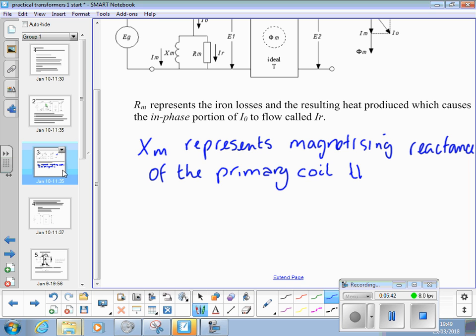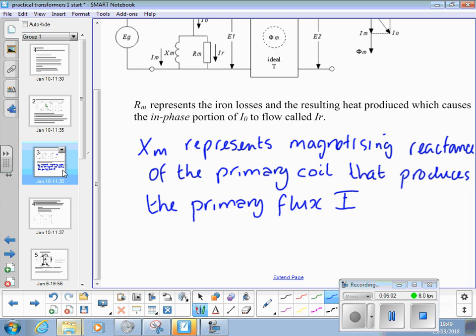That produces the primary flux indicated in the middle of the transformer there.